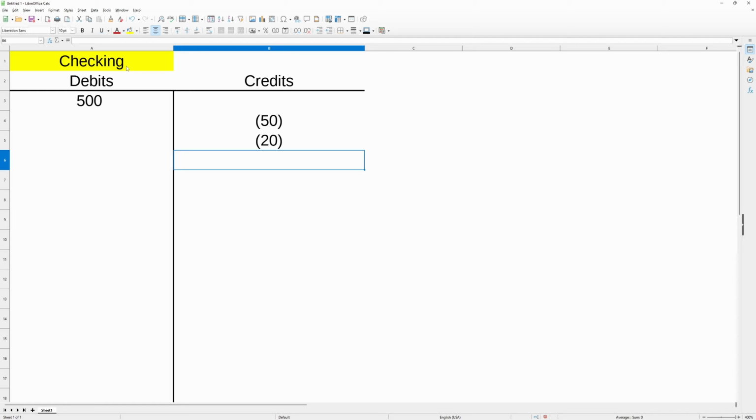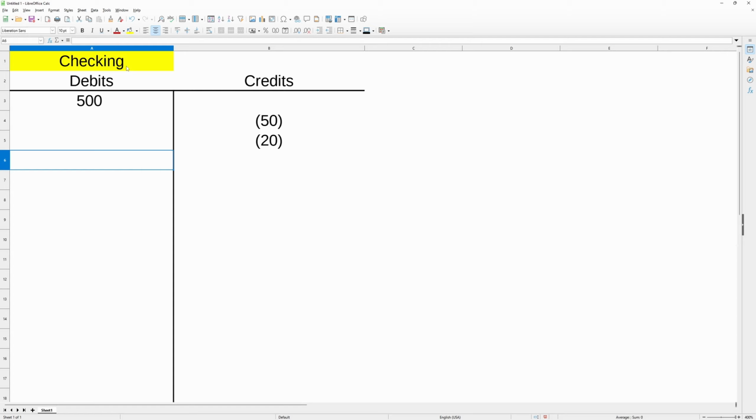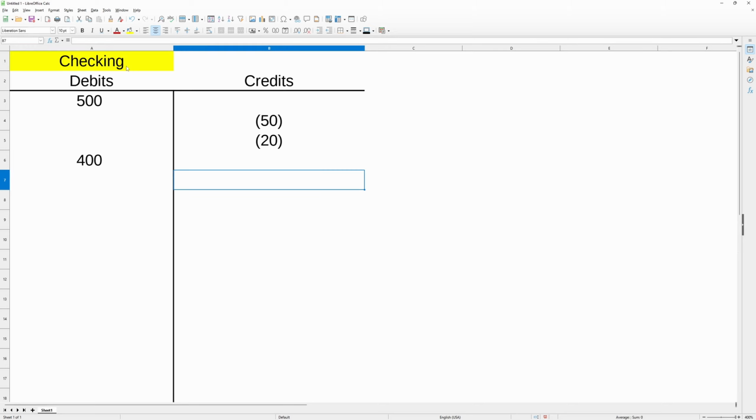Now we do some of our business, we land our first client, and they pay us a deposit of $400. And to fulfill our agreement with that client, we go out and we purchase $130 worth of equipment.